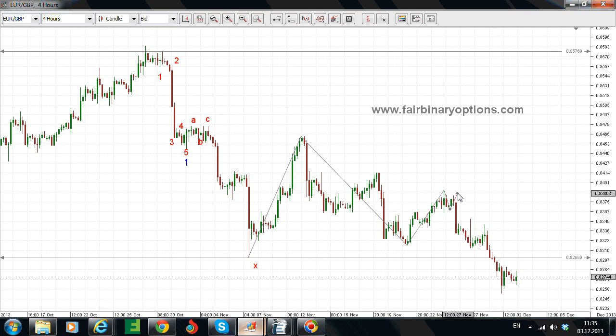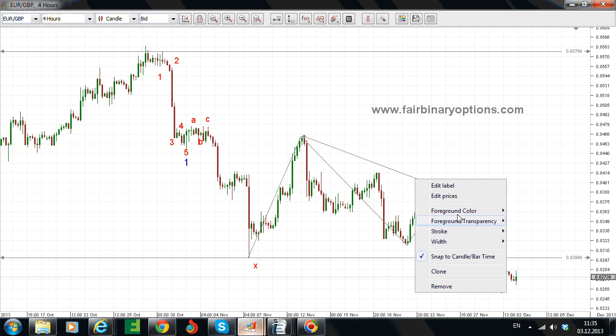So A, B, C, D, E, and the contracting triangle is done right there. Like any contracting triangle, it travels between the A and C trend line, like this. So A, B, C, so the A and C trend line.